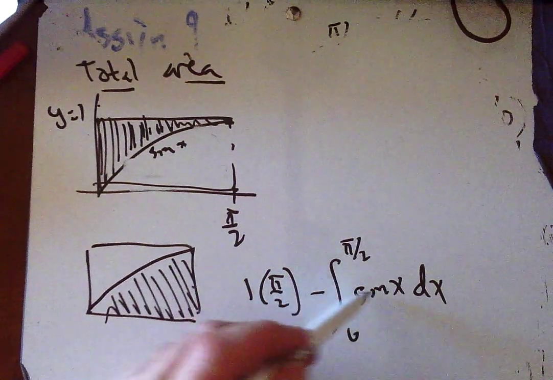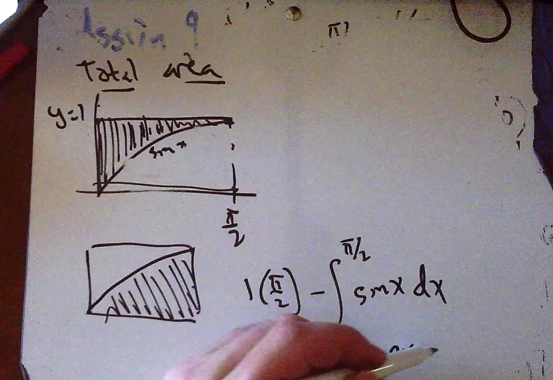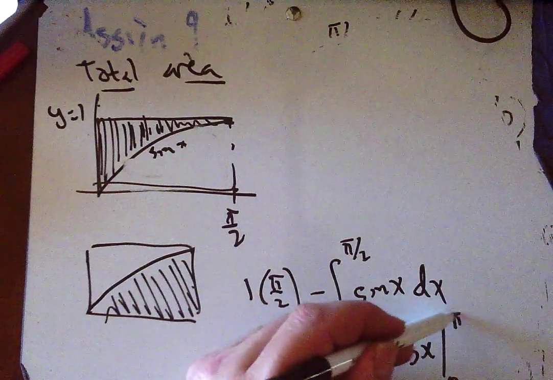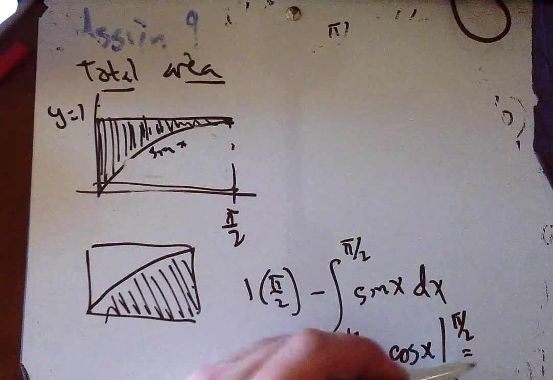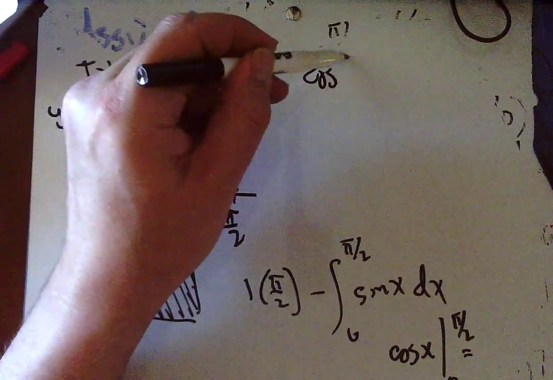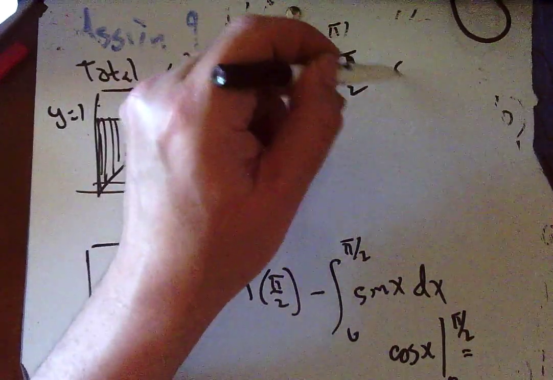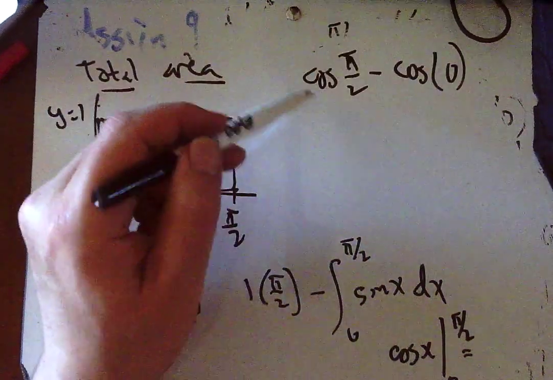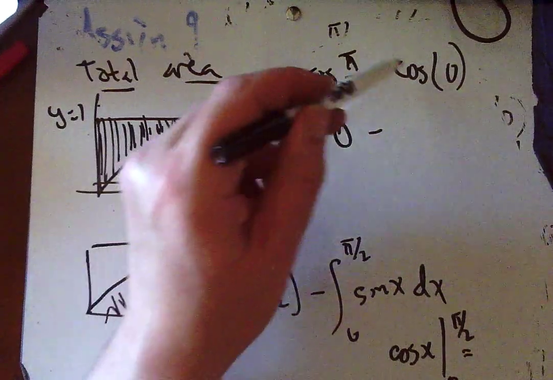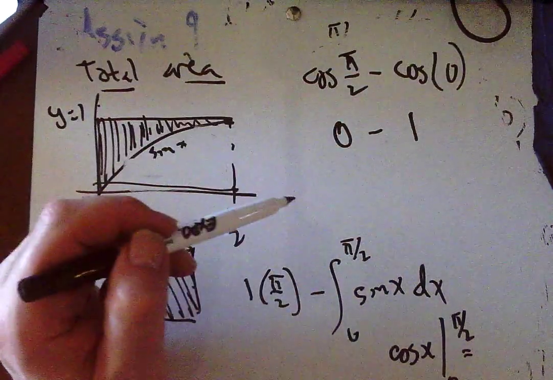What do we get here? Antiderivative of minus sine is positive cosine, and we're going from 0 to pi over 2. So cosine pi over 2 minus cosine 0. Cosine of pi over 2 is 0. Cosine of 0 is 1.